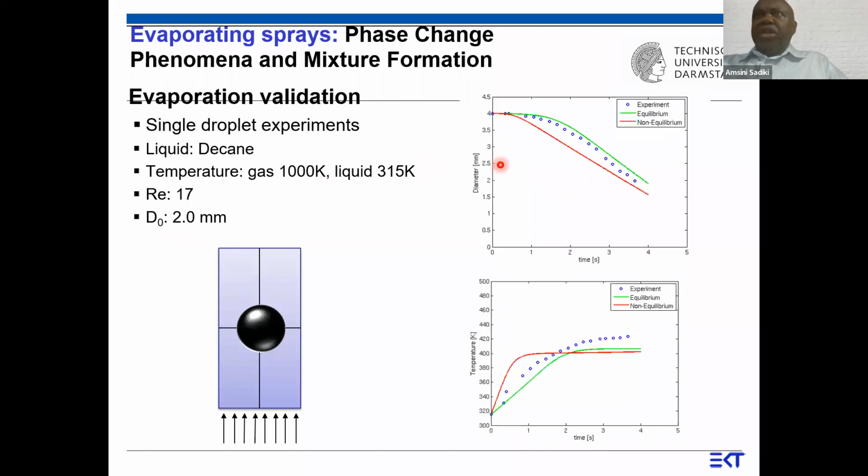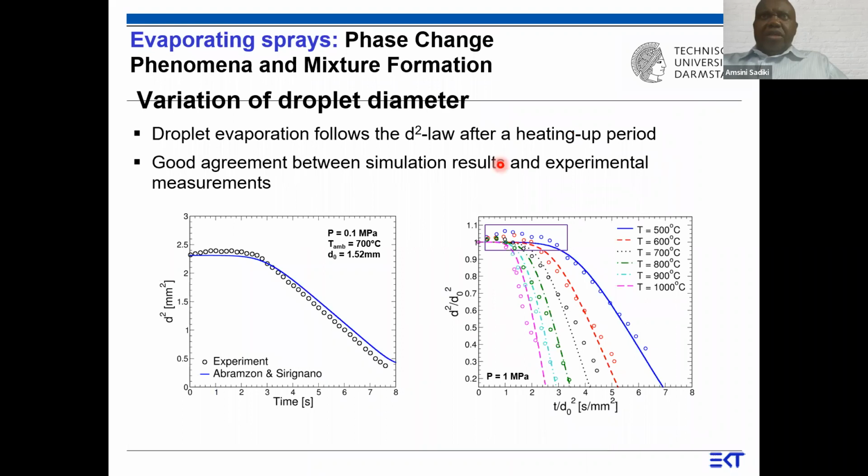So if we consider, for example, different temperatures, we obtain that the evaporation follows this rule here after this heating period, and we have a good agreement between the simulation result and experiment.